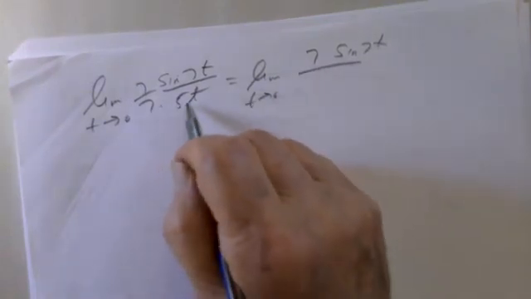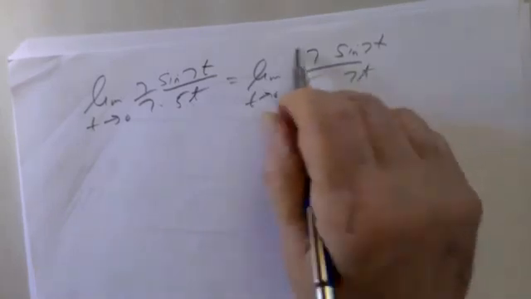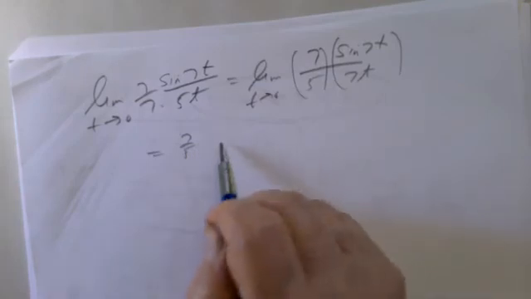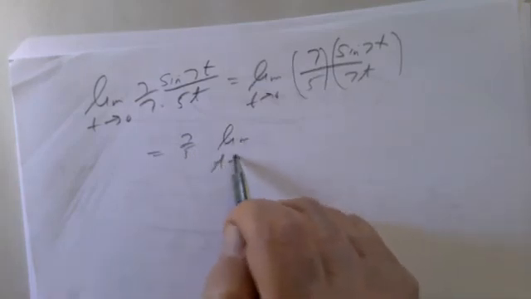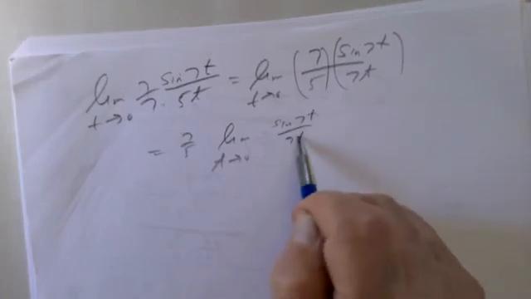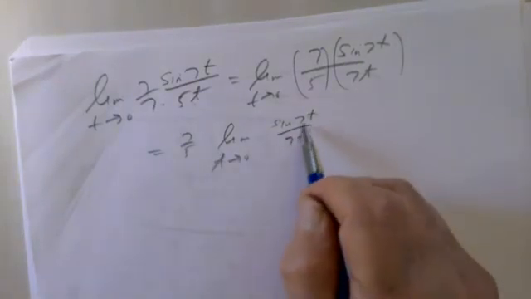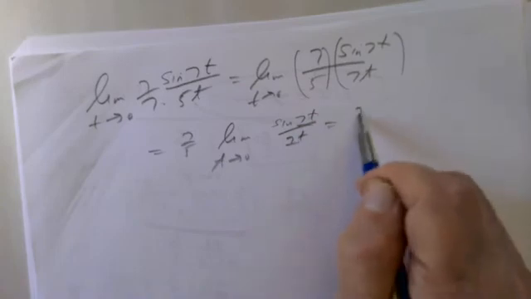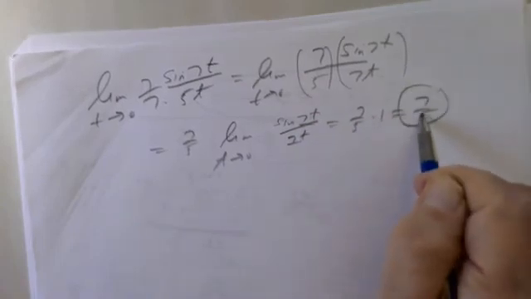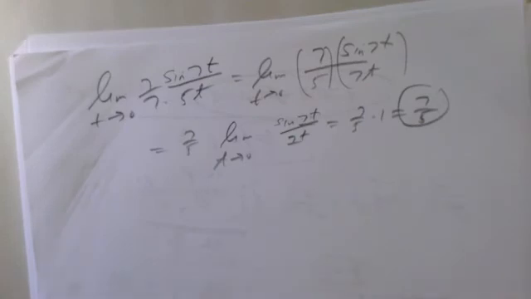So instead of 7 times 5t, that's 5 times 7t. And then I can factor out the 7/5. And this limit is 1 because I have 7t and 7t. And that's the answer.